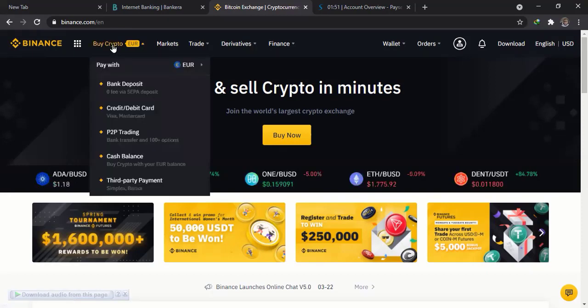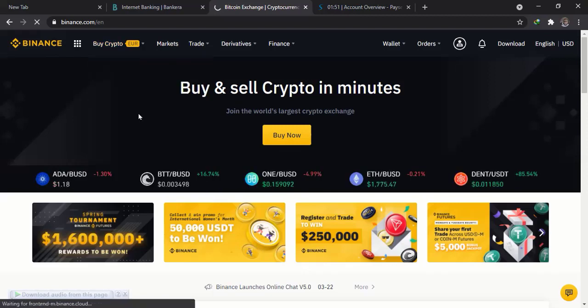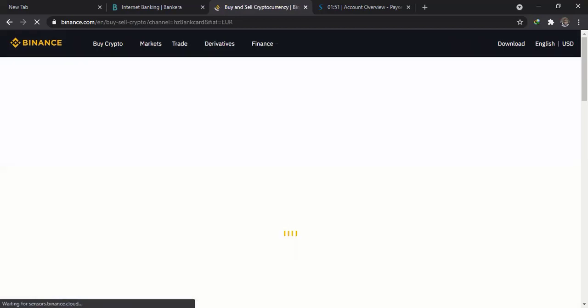So if you've got a Binance account and you want to deposit, there are a number of depositing options. The most common, which the majority of people will use, will be the credit or debit card. This also depends on which country you're in or which location you're in. So for us in Zambia, we are a little bit lucky because Zambian cards generally do not have as many restrictions as other countries.